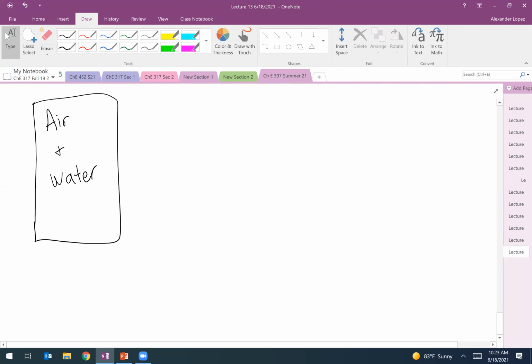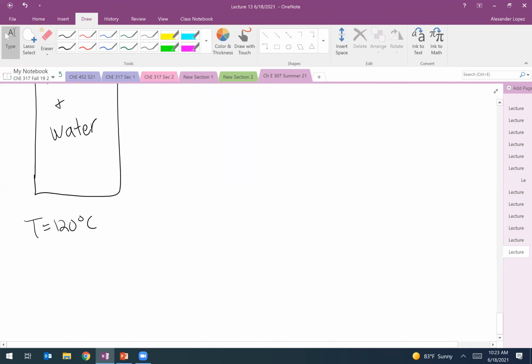Let's say T is sufficiently high, say 120 degrees. Looking at this system, I can state that the mole fraction of water and air times the total pressure is less than what I would consider at saturation, which can be measured by the vapor pressure.